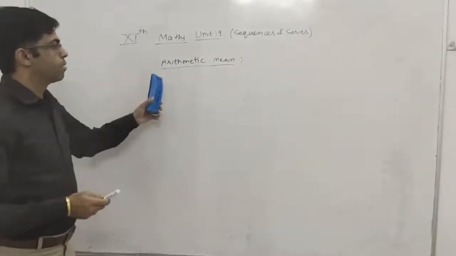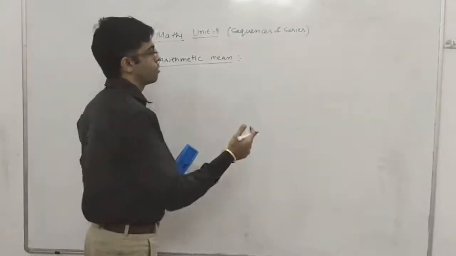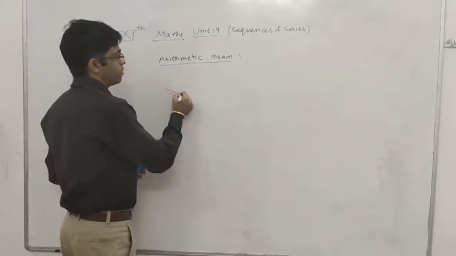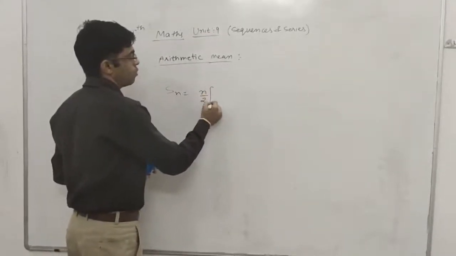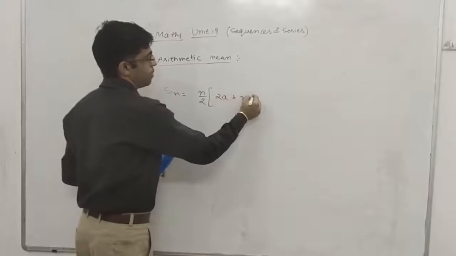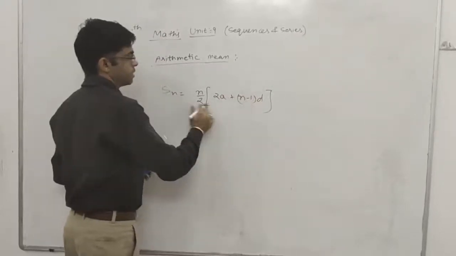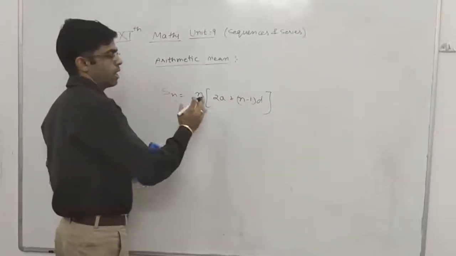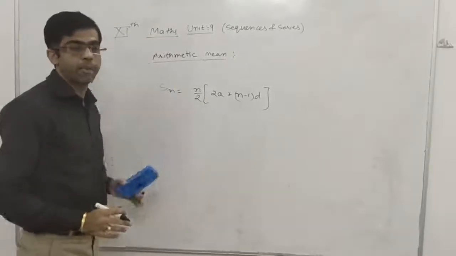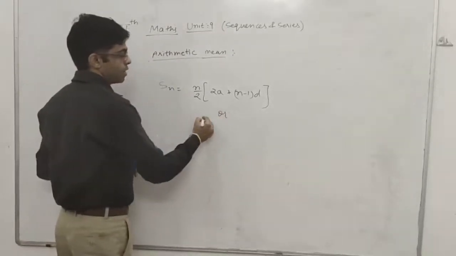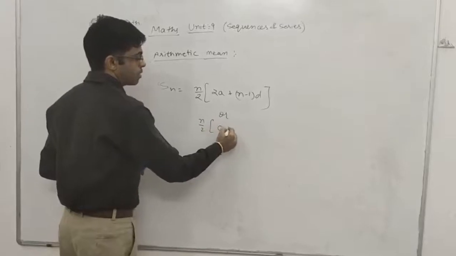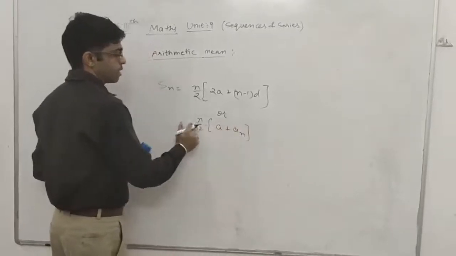Now recall some formulas also. The sum of n terms of an AP, the formula is n upon 2 times (2a plus (n minus 1) into d). This is the sum of the first n terms of an AP. One more formula was there, n upon 2 times (a plus an), first term and last term.